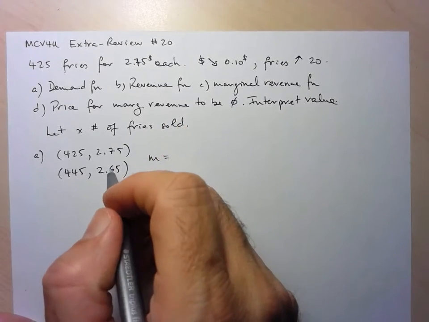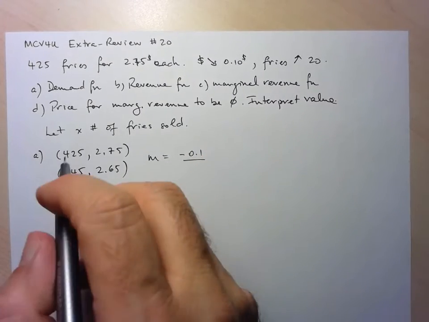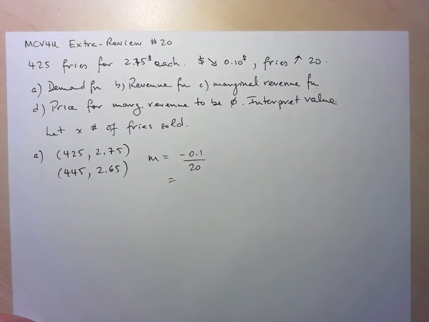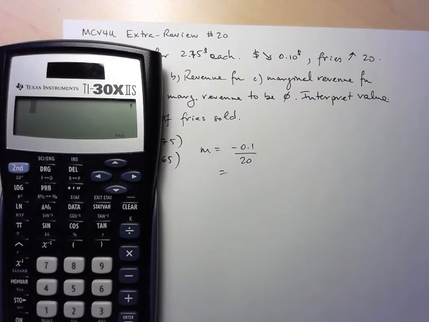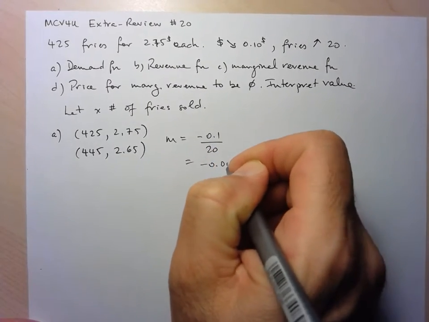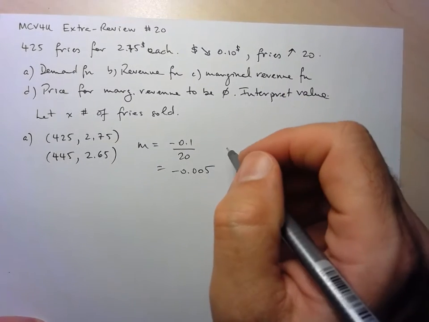So y2 minus y1 is negative 0.1, and x2 minus x1 is 20. So the slope is just 0.1 divided by 20, 0.005, so negative 0.005. Okay, now let's stick that into our equation to find the b value.